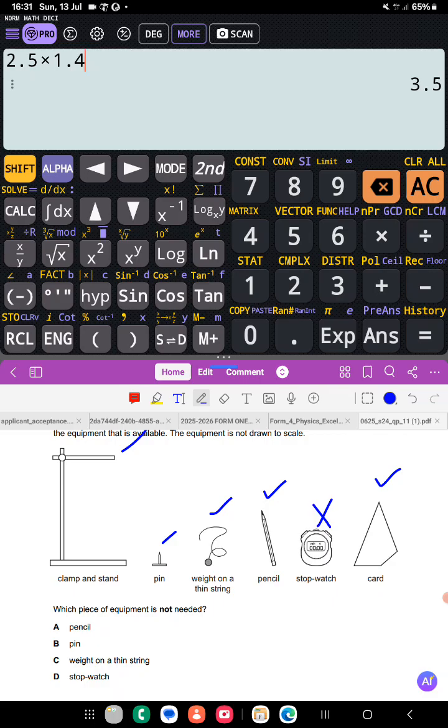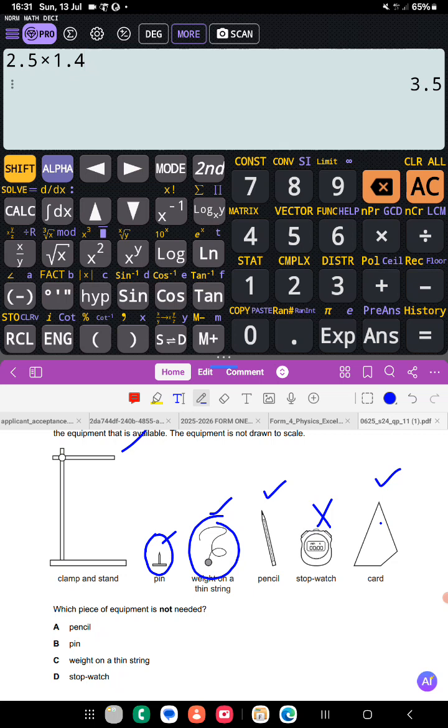If you recall your experiment, remember that you shall need the pin to make a hole on the card, all right? And then you shall need the weight on a string to make what is called a plumb line.